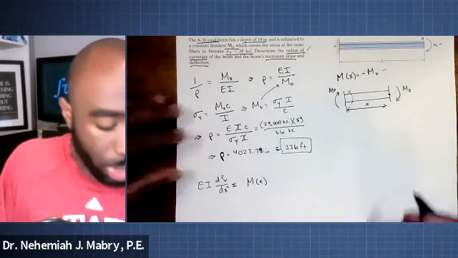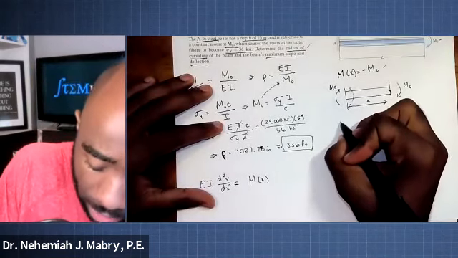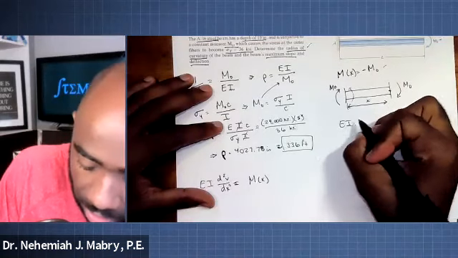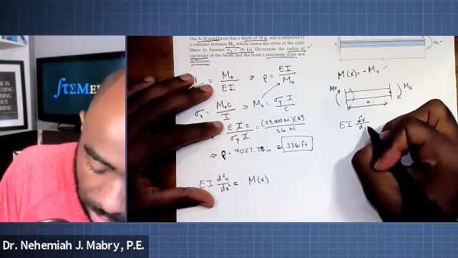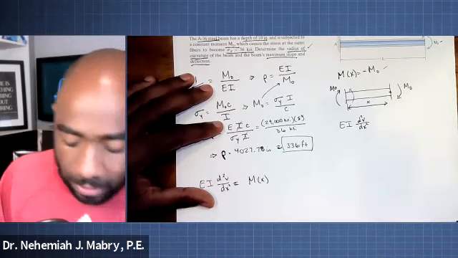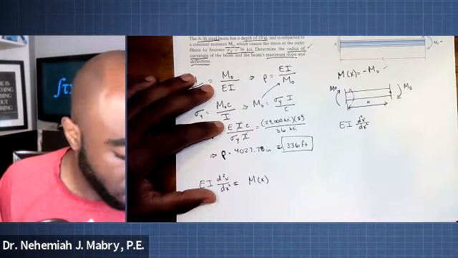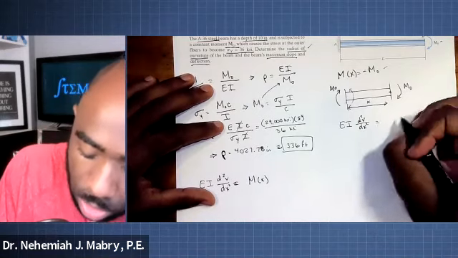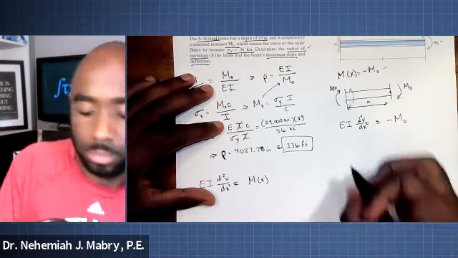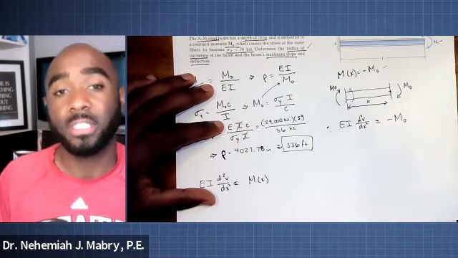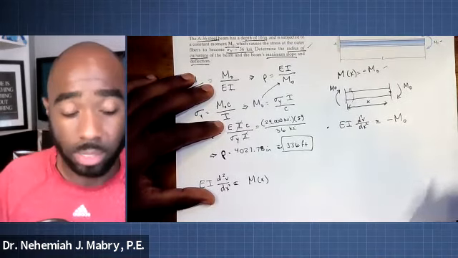All right. So we can just start off by saying EI d squared v over dx squared is equal to negative M sub naught. That's our first equation, the moment equation.